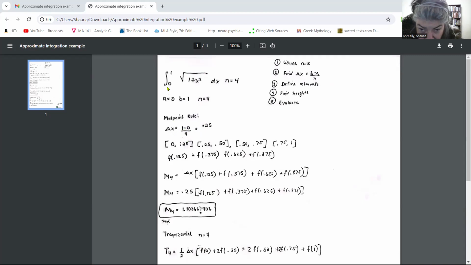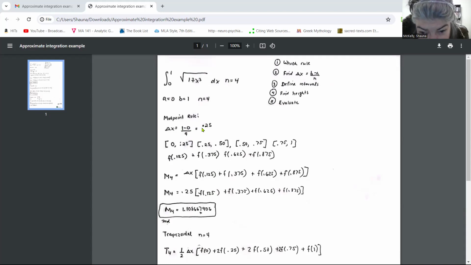So we have 1, where's it coming from? b is the upper limit of integration. So b minus a, where a is the lower limit, over n, which is however many subdivisions you're making. So that means that my delta x is 0.25 or 1/4. Now, for the sake of putting it in the calculator, I made these decimals.